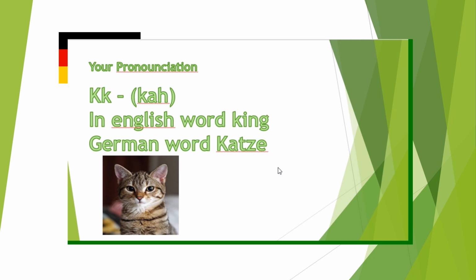K is pronounced as Ka, like the K in the English word king. A famous German word is Katze, which is cat in German.